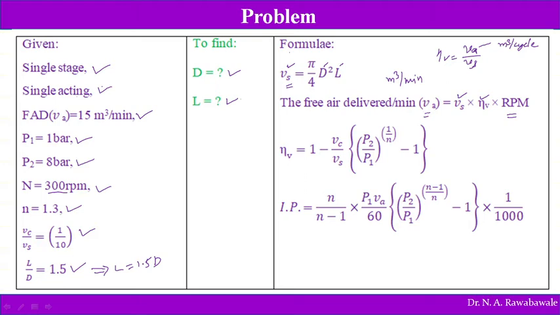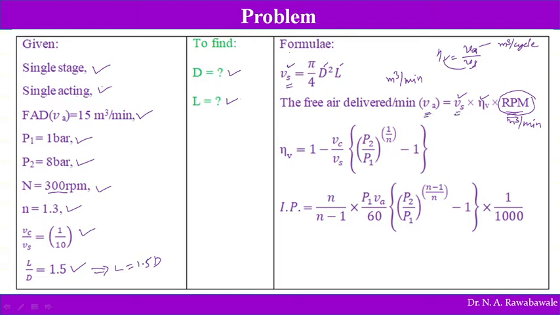Free air delivered VA per minute is nothing but Vs into volumetric efficiency into RPM. Then this is in meter cube per minute. Even though RPM is not there in the basic equation, we are multiplying by RPM because we want to convert into meter cube per minute.